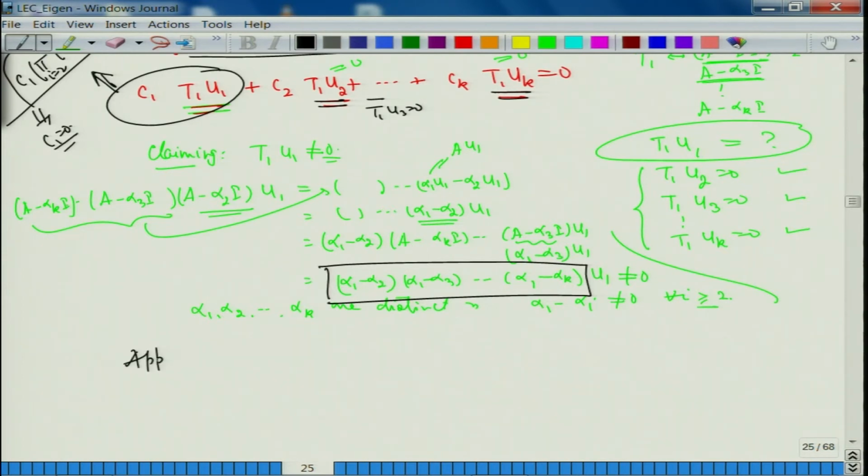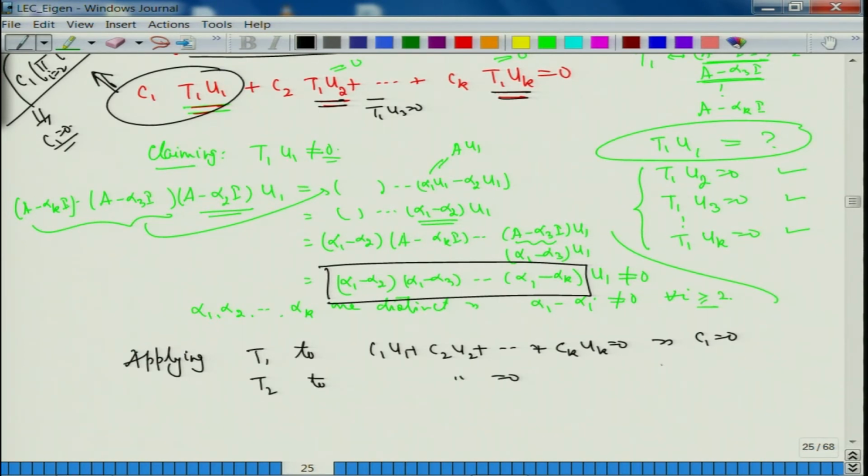Applying T1 to C1 U1 plus C2 U2 plus ... plus CK UK is equal to 0 implies C1 is 0. If I apply T2 to the same thing, I will get C2 is 0 and so on.